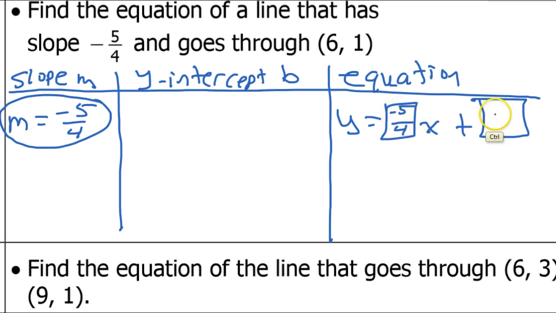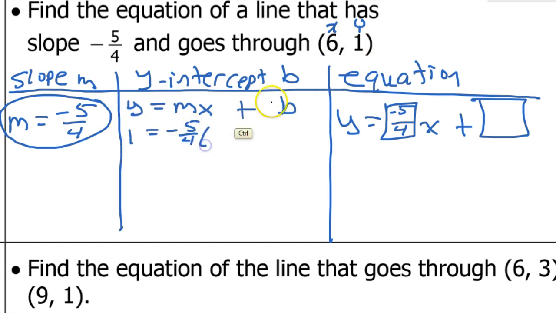So all I really need is the b value, which is what the middle column is for. Look, y equals mx plus b, and I'm looking for the b. Again, the point gives us the x and the y, so I will have 1 is equal to -5 over 4, and now the x is 6, plus b.